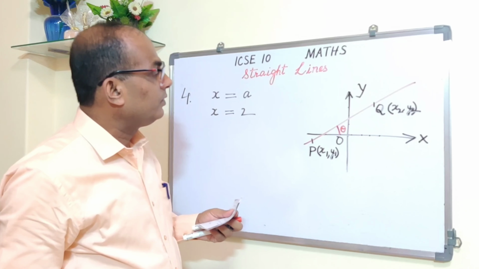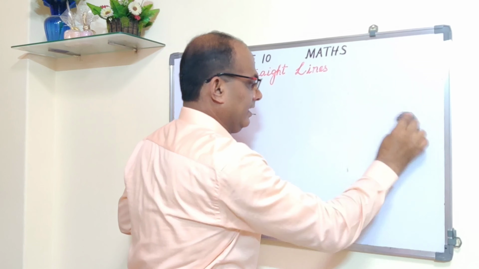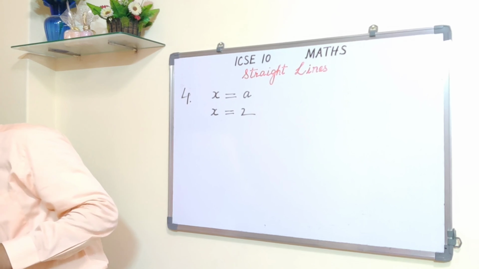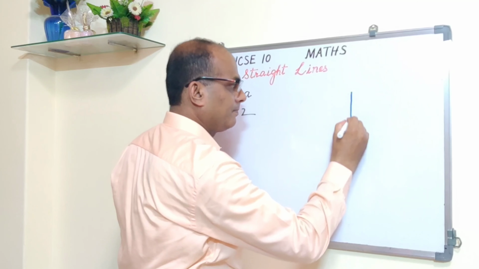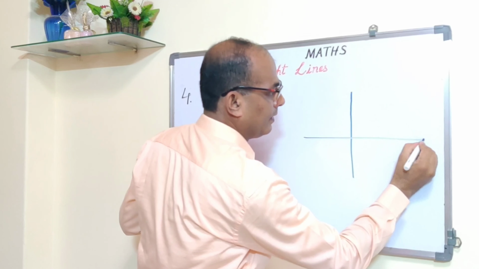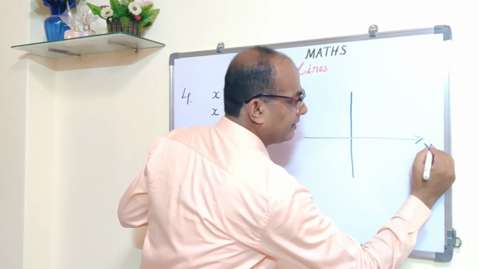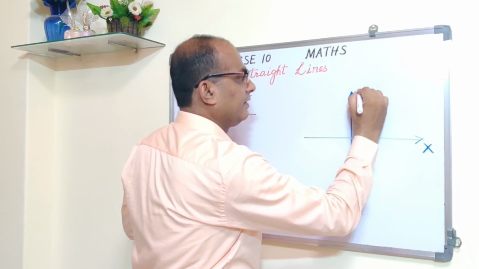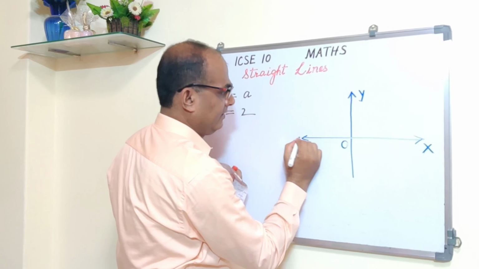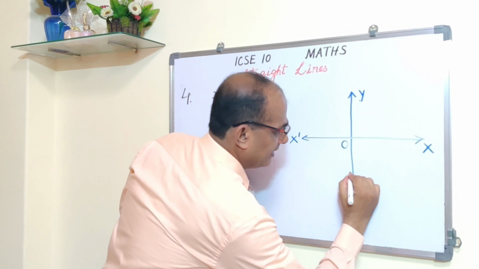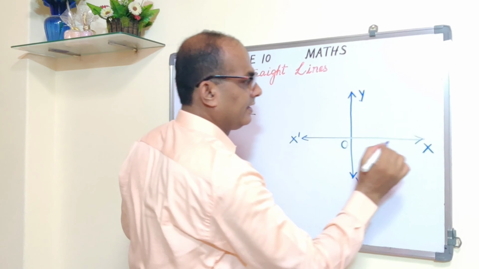Let me make another diagram. X is equal to 2 is the equation of a line. This is the x-axis, this is the y-axis, this is the origin, this is negative x, and this is negative y.